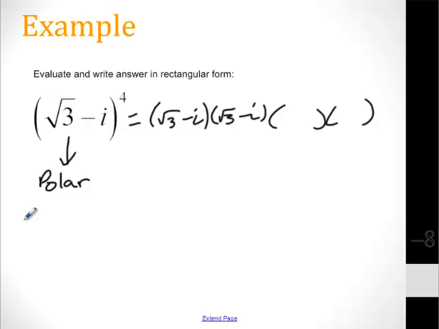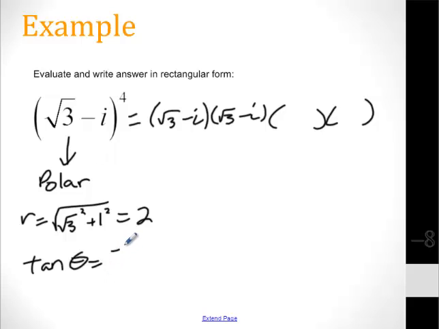So to find r, just like we did earlier in this unit, a squared plus b squared. We get 3 plus 1, square root of 4 is 2. Now tangent of theta is equal to b over a, so negative 1 over root 3.